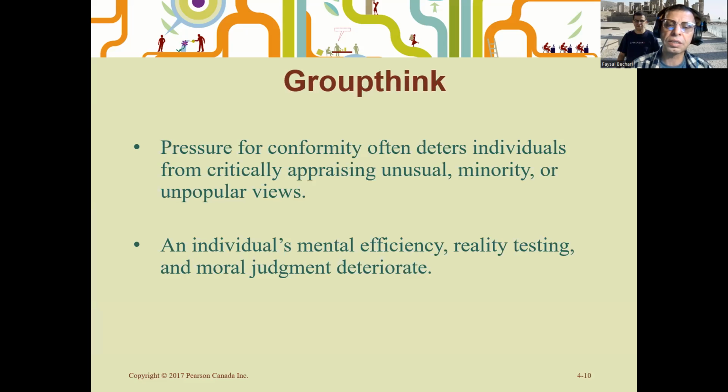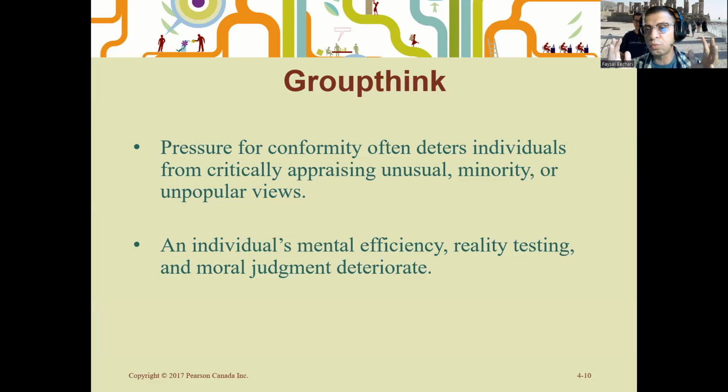So what's groupthink? Groupthink is a pressure for conformity that often deters individuals from critically appraising unusual, minority, or unpopular views. An individual's mental efficiency, reality testing, and moral judgment deteriorate.